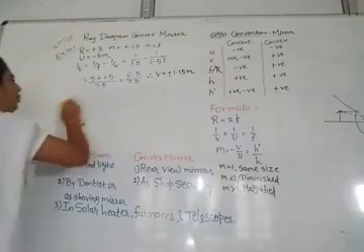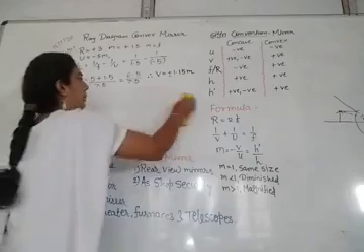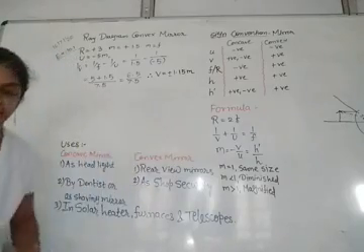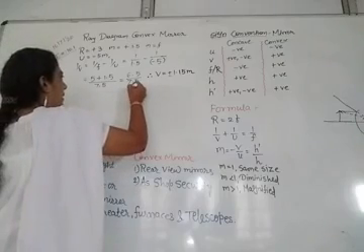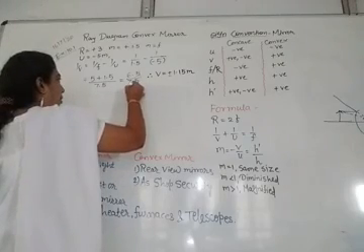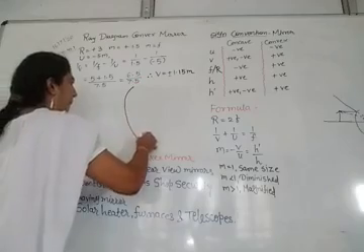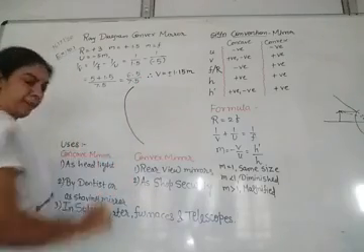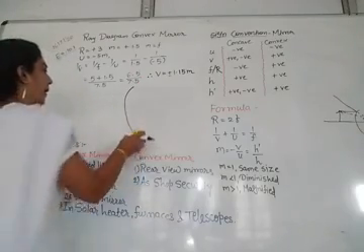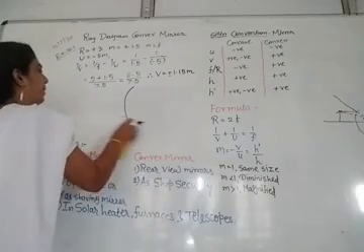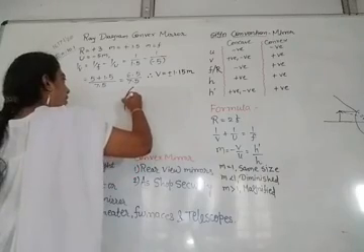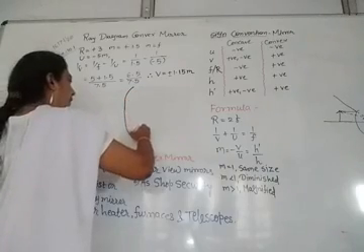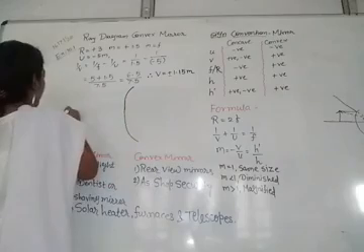So, for drawing the ray diagrams, we will have the convex mirror. So, this is our convex mirror. This mirror will have the principal focus and the center of curvature on the right hand side.